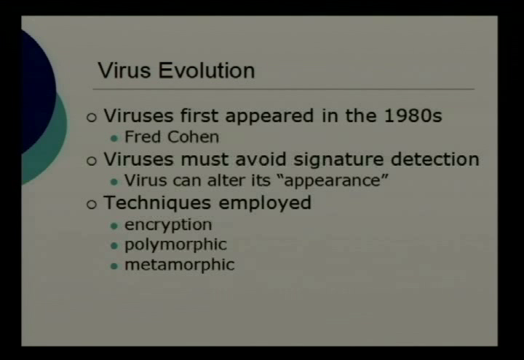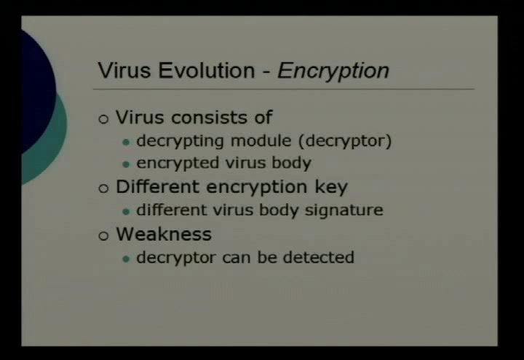And what can they do to hide the signature? Well, three different techniques have been used extensively: encryption, polymorphism, and metamorphism. Now, these terms are not used consistently in the literature, so here's what we mean by these, I guess. If you encrypt a virus, okay, that's certainly a way to hide the signature. Use a different key, it's just a different random string of bits. There's no common signature. Well, the problem is, of course, that you have to decrypt the virus before it can actually do anything.